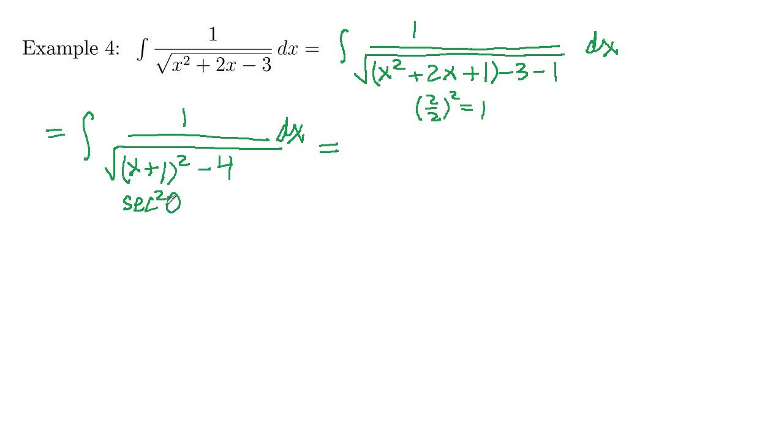Secant squared theta minus 1 is the trig identity that it's closest to. We want to match up the numerical parts here, which means we need to multiply through by 4. So this will be 4 secant squared theta minus 4. So now the constants match up, so that means that x plus 1 squared has got to equal 4 secant squared.